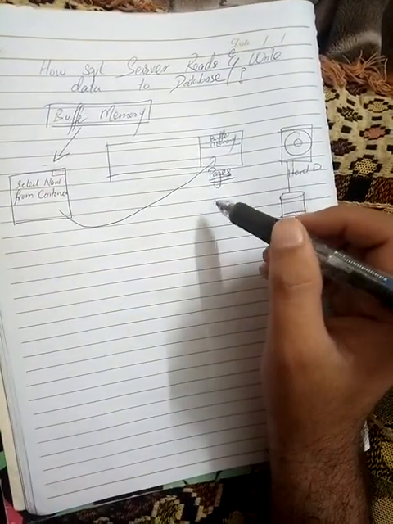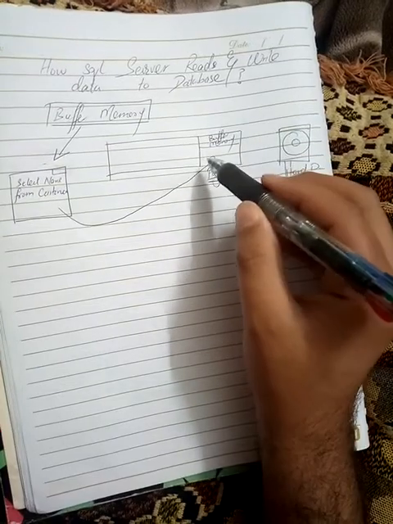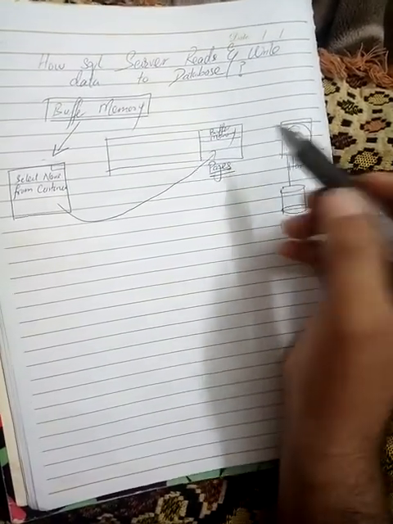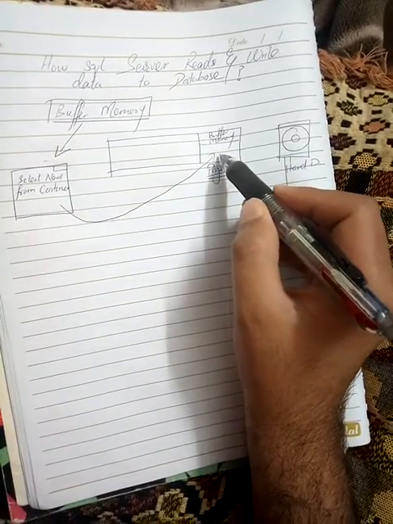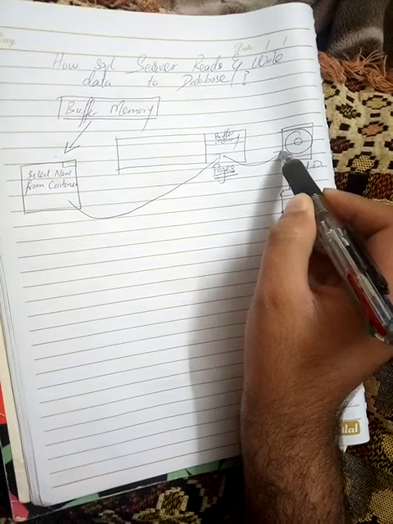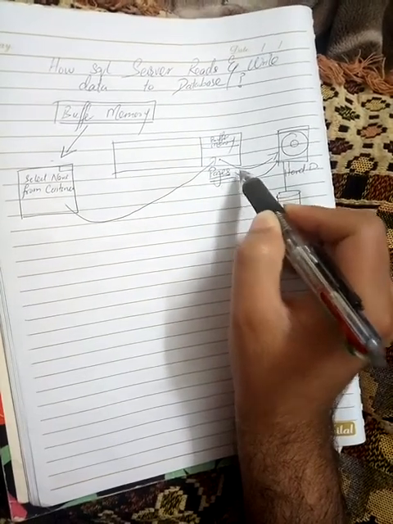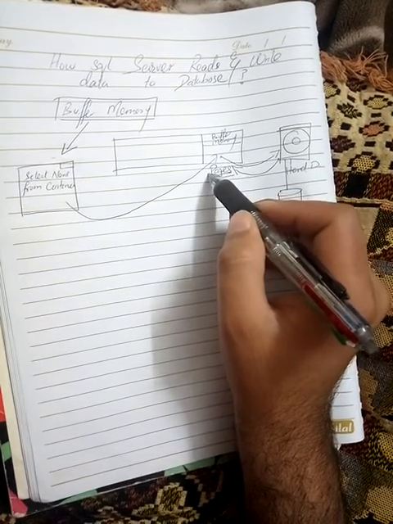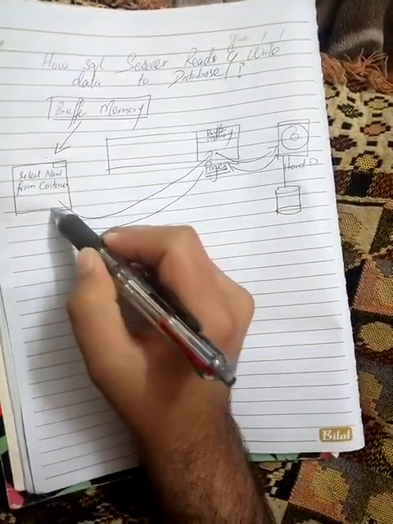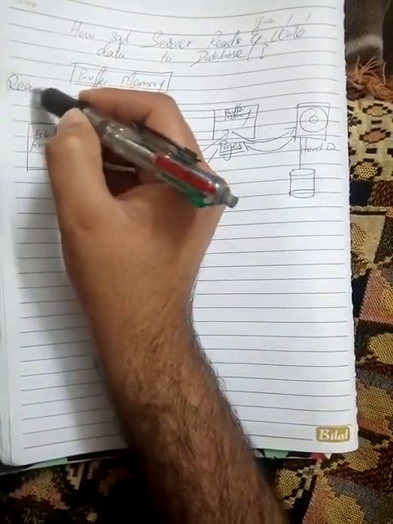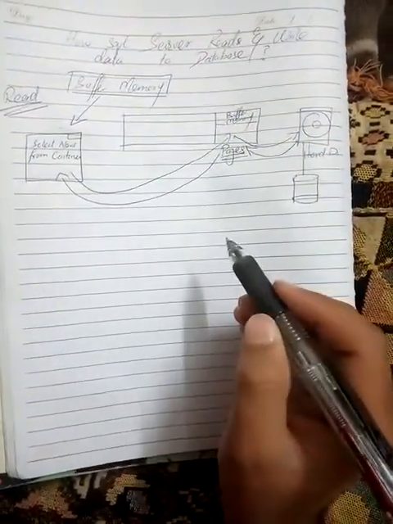But let's assume we don't have the data in the buffer memory. Then SQL Server refers back to the hard drive, and those particular pages are loaded into the buffer memory, and then they are accessed by the client application. So this is how read is done in SQL Server.